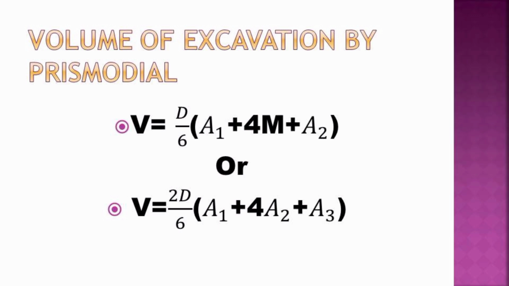In all my other videos, I have been using the first formula, that is V is equal to D over 6 into area 1 plus 4m, m that is the mean of those two areas, plus area 2, or V is equal to 2D over 6 into brackets area 1 plus 4 area 2 plus area 3. We close our bracket. Today we are going to use the second formula.